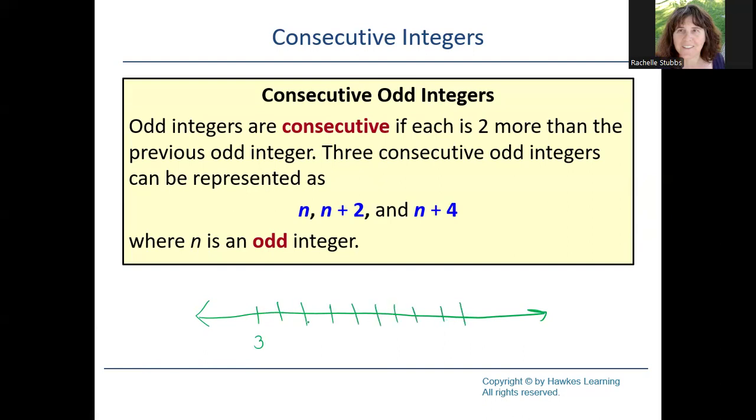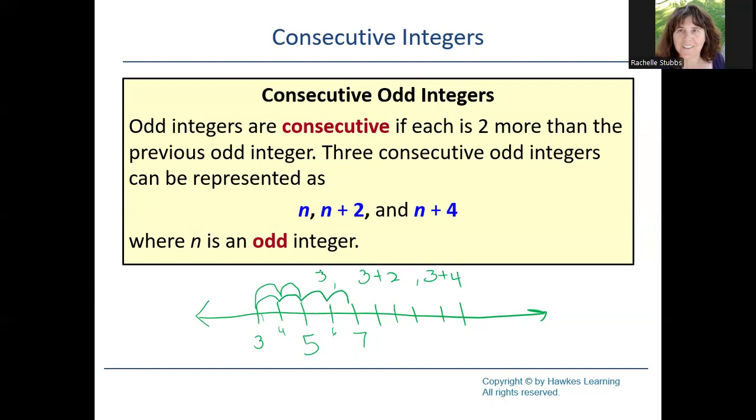Now we're looking at just odds, right? So there's 4. 5 is the next odd, right? So it's how many away? 1, 2. So the starting 3 plus 2 got us to the next number, which was 5. And then the next one would be 7. So starting at 3, that's 1, 2, 3, 4, or the starting point plus 4.